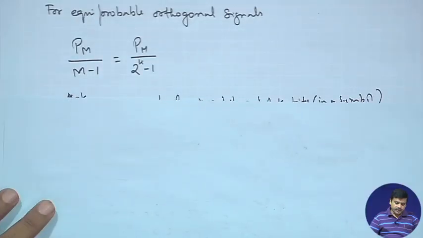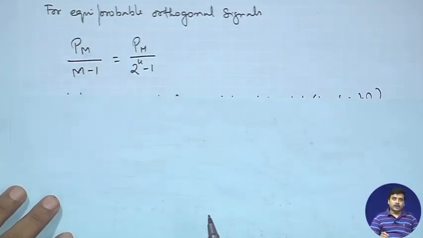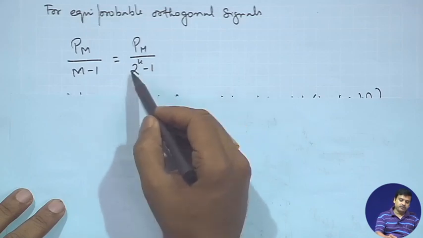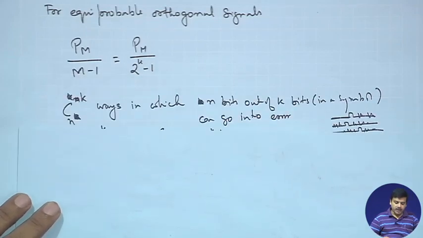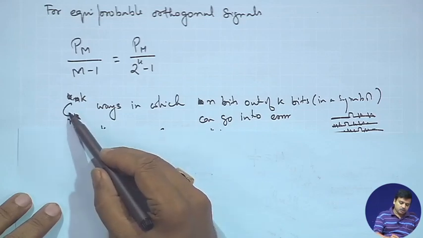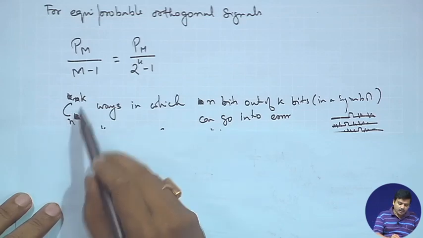So, for equiprobable signals, we could write P m upon m minus 1, which is equal to P m upon 2 to the power of k minus 1, that is m is equal to 2 to the power of k, and there are choose n out of k bits.